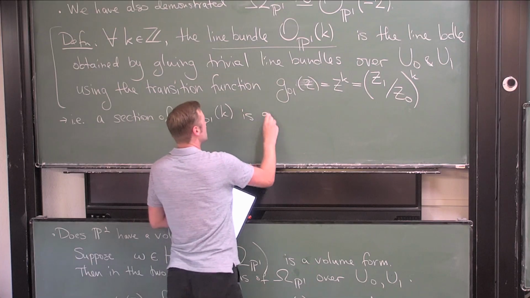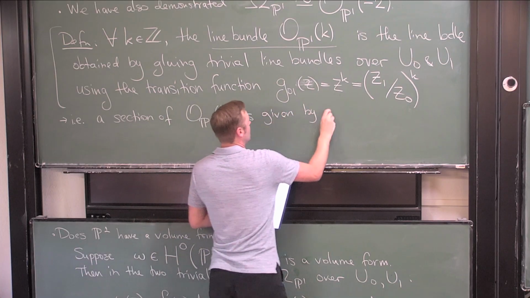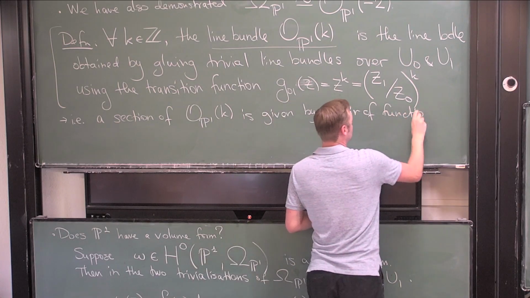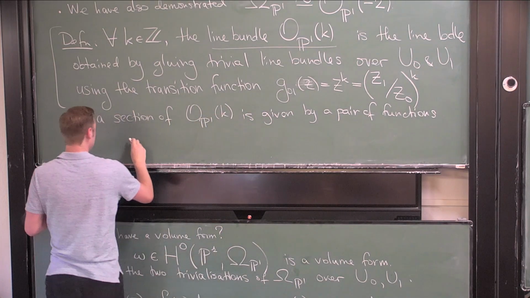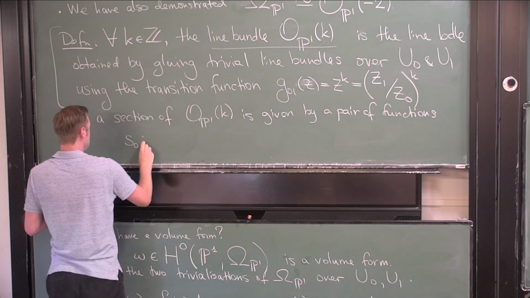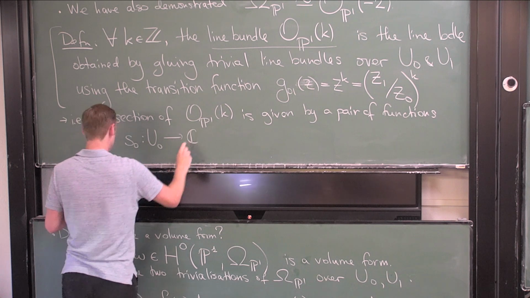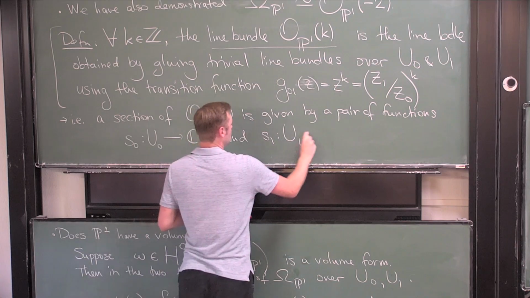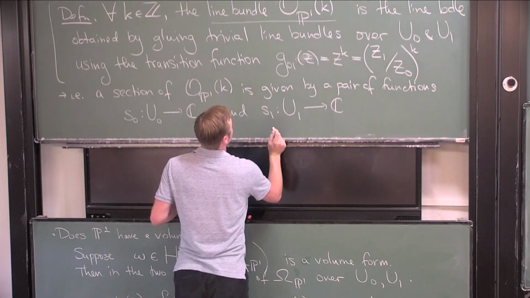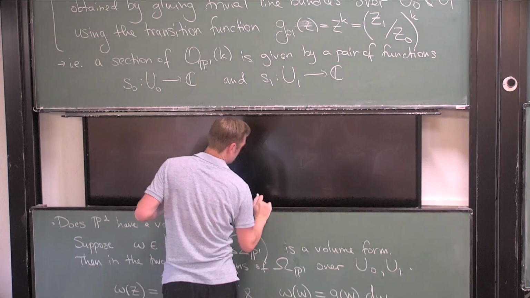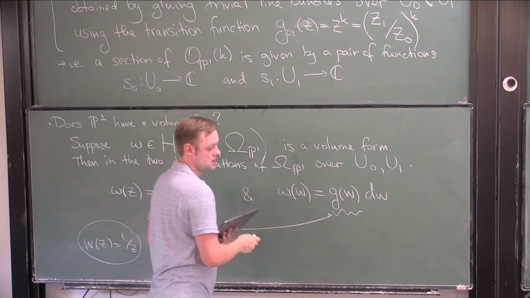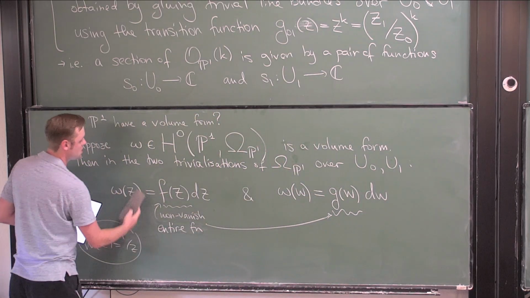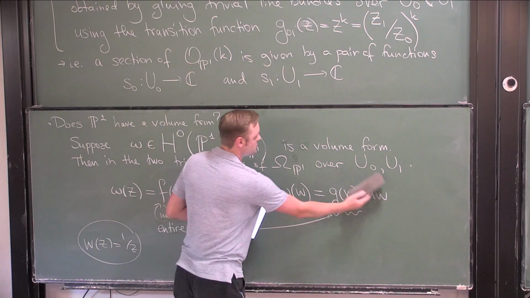So it's given by a pair of functions. Maybe let me call them S0 from U0 to C, and S1 from U1 to C. Just like we had in the previous example, in our case S0 was this representation of omega, and S1 was this representation of omega.